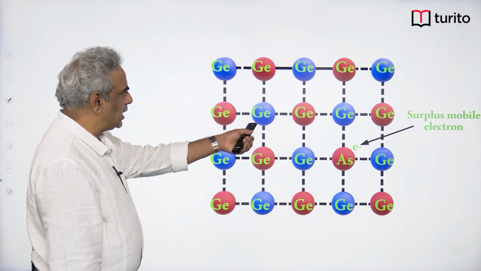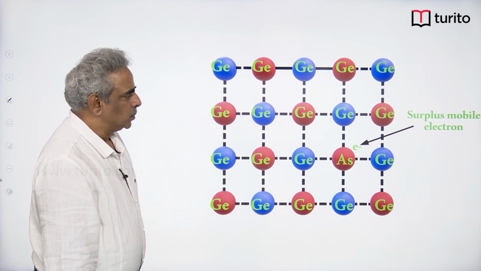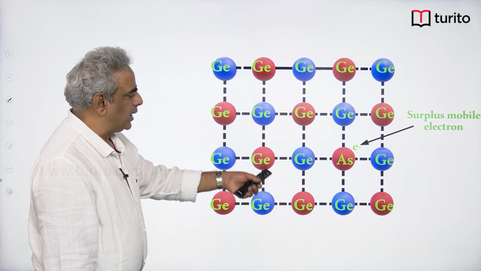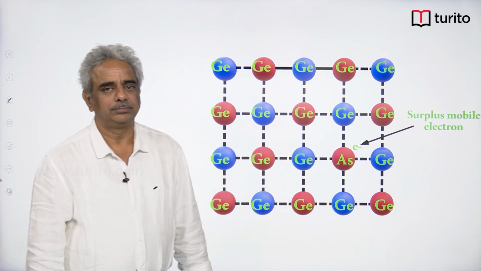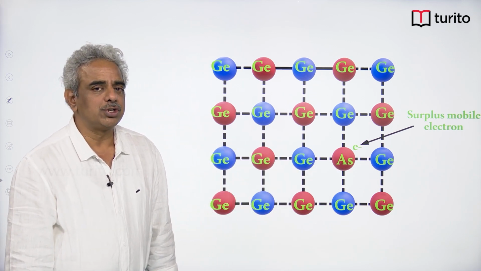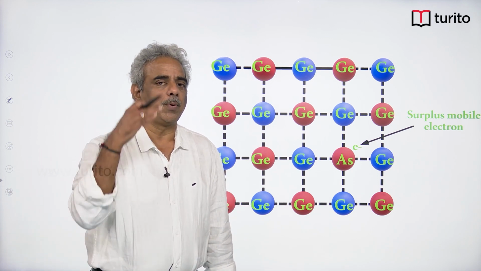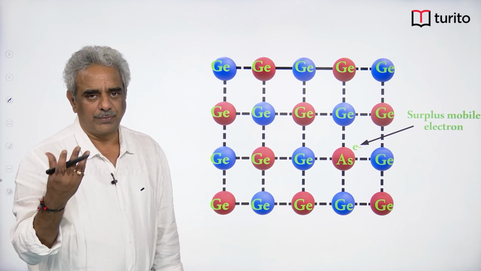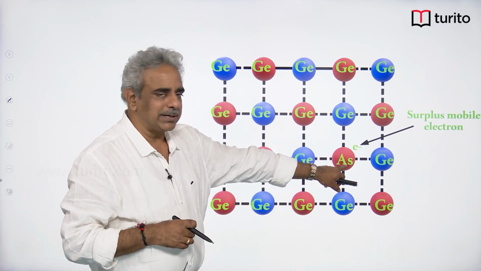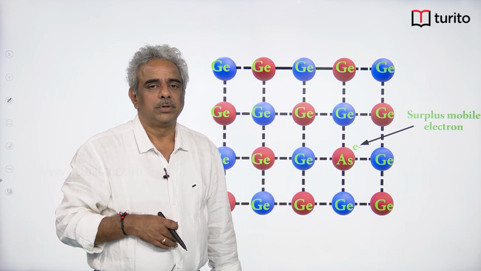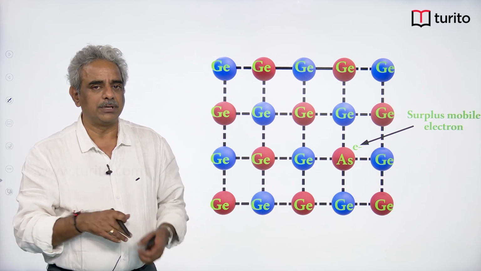See this germanium, again a 4th group element. In that 4th group element, arsenic is introduced. Arsenic belongs to which group? 5th group. How many valence electrons will be there? 5. Nitrogen, phosphorus, arsenic, antimony, bismuth.